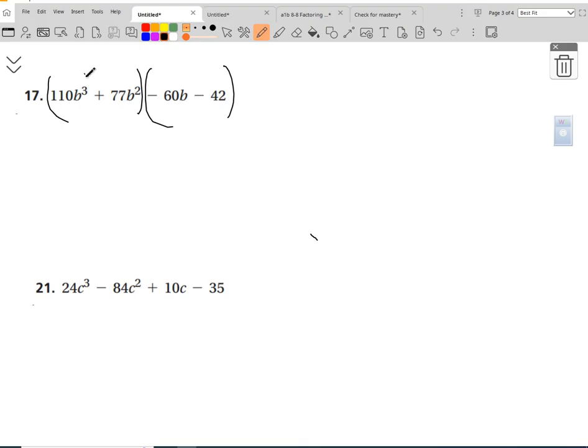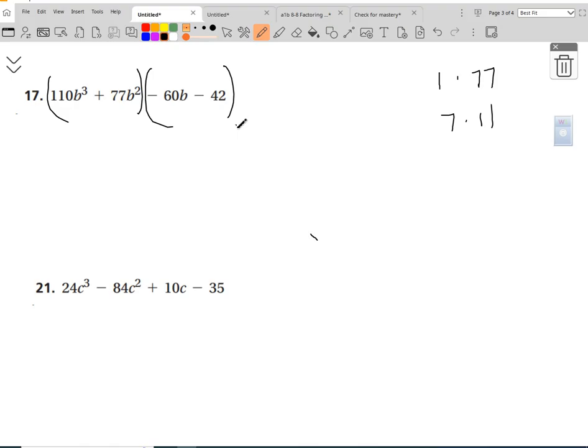Okay. So now, once we group, then we go to step 2. What's step 2 say to do? Do you remember? Very good. Pull out the greatest common factor of each group. So the greatest common factor of 110 and 77. I know 77 is 7 times 11. Is there a factor, or any of these factors, in 110? I don't know.